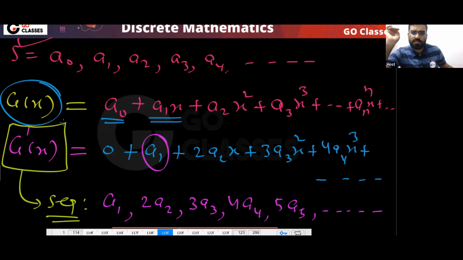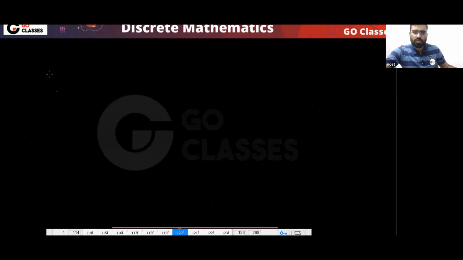You have a sequence. For this sequence you can find the generating function. From that generating function you can do differentiation, and from that differentiation you can find another sequence. So this is the idea.